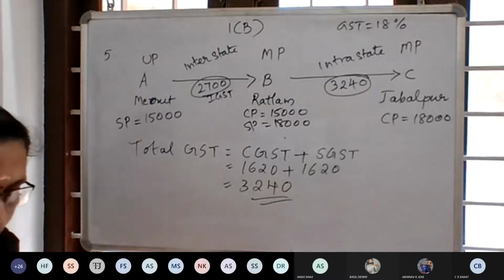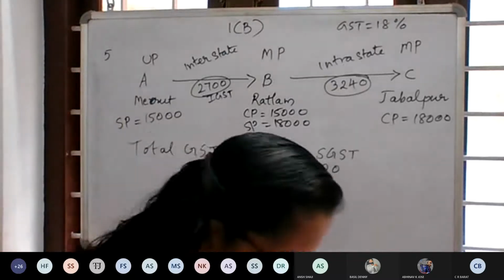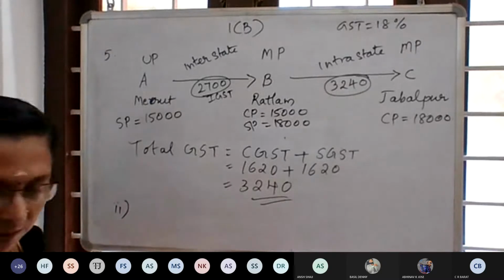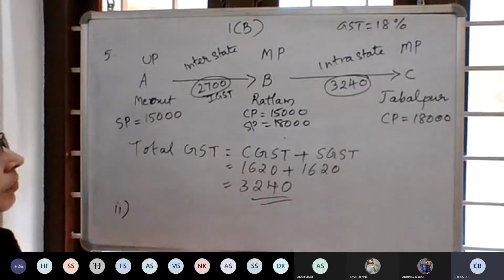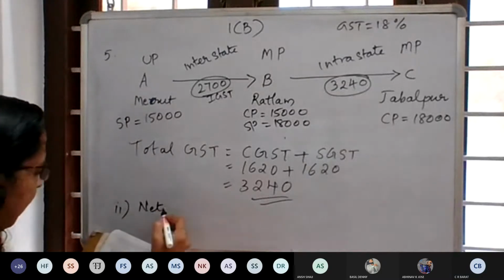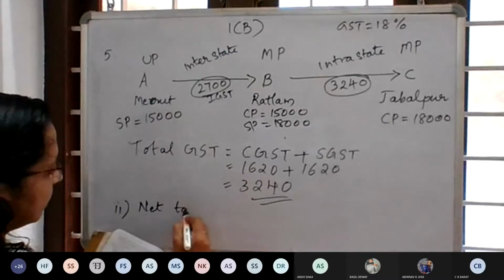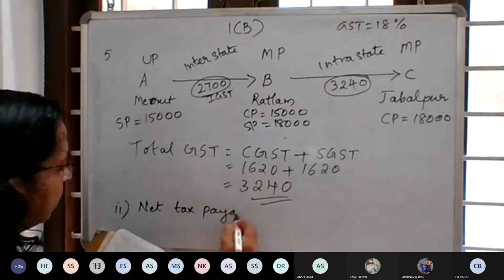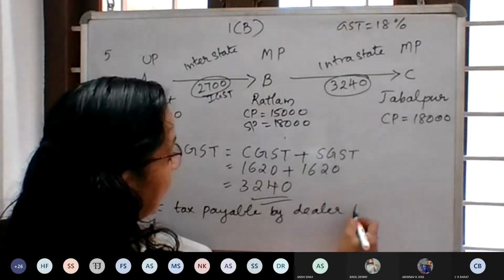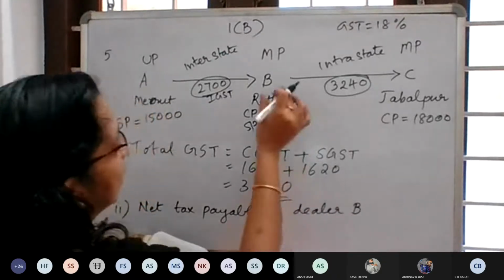Then what about net GST? The second part is the net tax payable by dealer B, we can do that first. What will be the net GST? Output tax minus input tax.